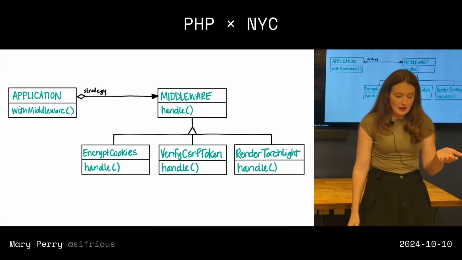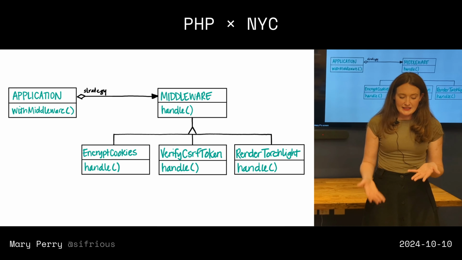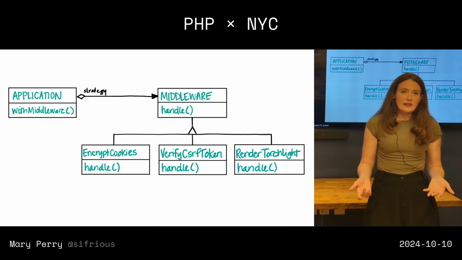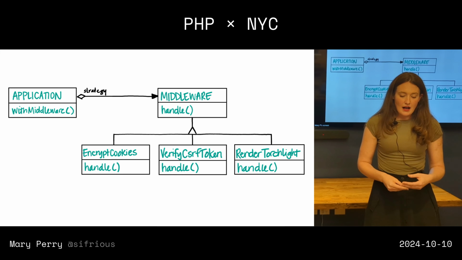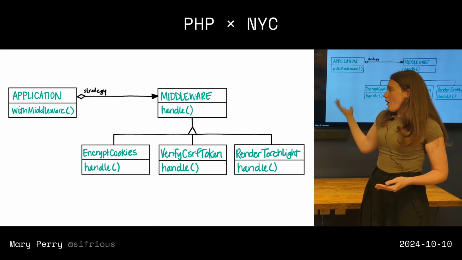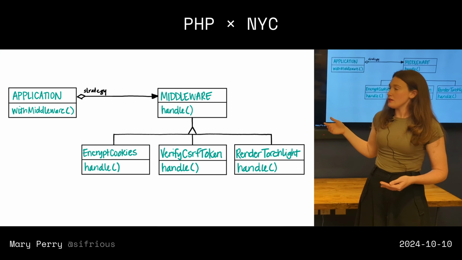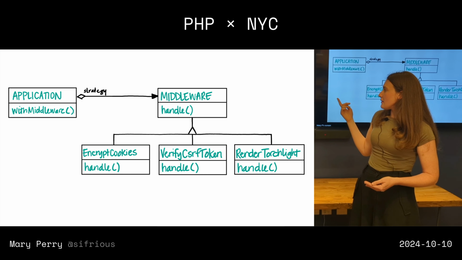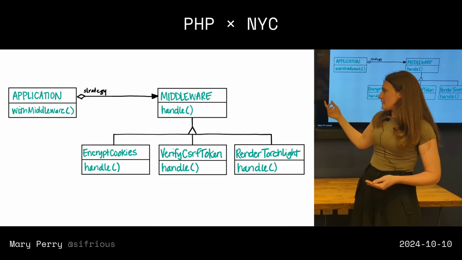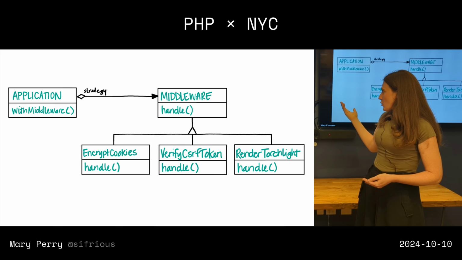So the middleware. With middleware, really the application is the context. Middleware has a function called handle. All of your specific types of middleware have a function called handle, but you know that when you call handle on verify CSRF token, it's going to have different behavior than render torchlight.